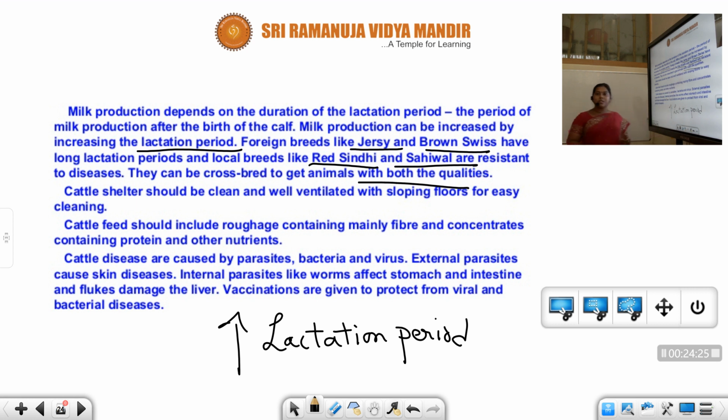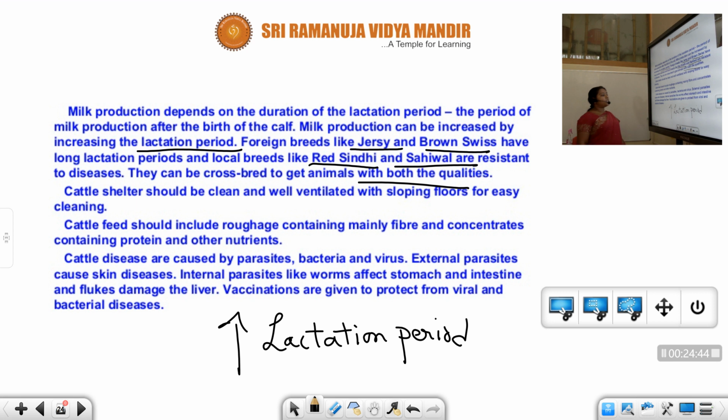If we make a cross between the foreign breeds and the Desi breeds, we will get a hybrid. This hybrid may have the good qualities of both: good resistance power, and at the same time a long lactation period. So both are good factors, right?